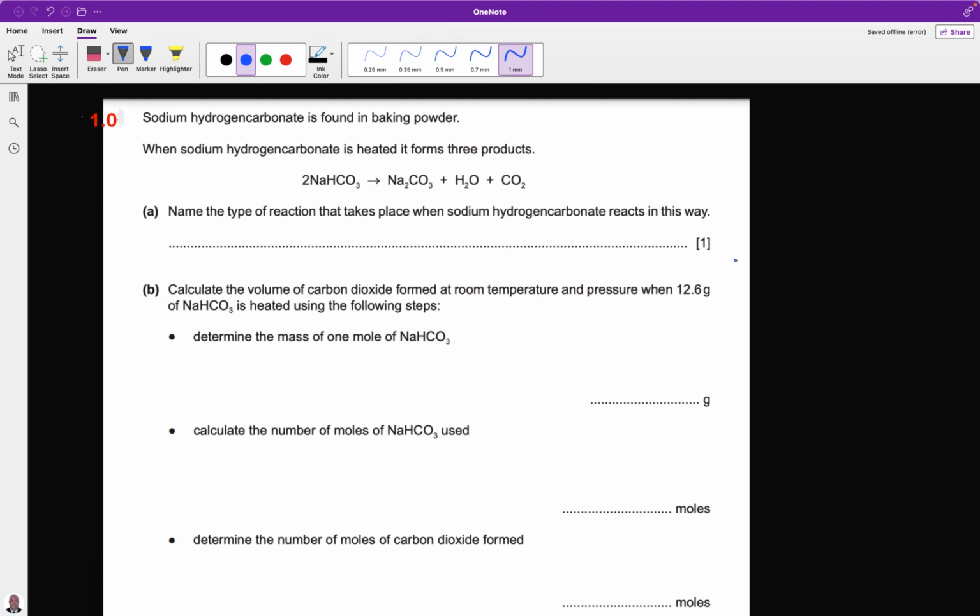It is thermal decomposition because it is heated. After heating, three other products result.